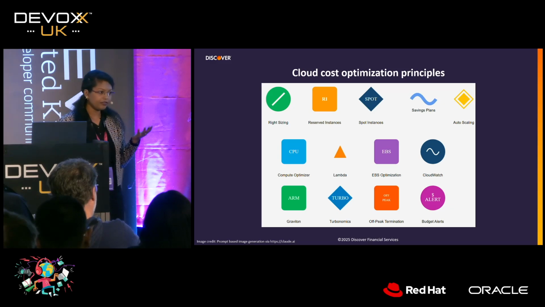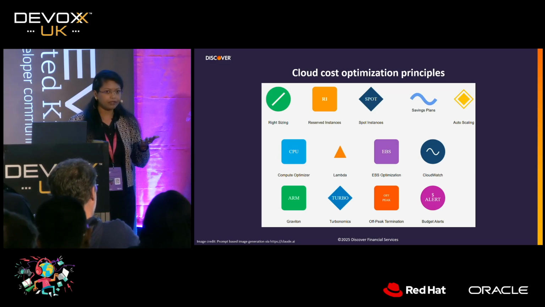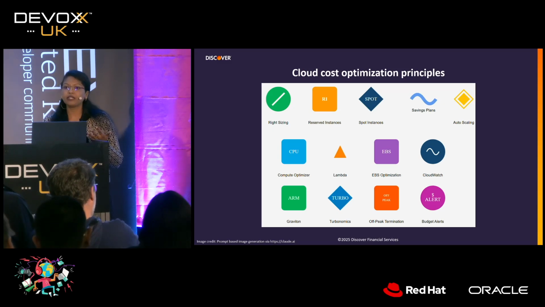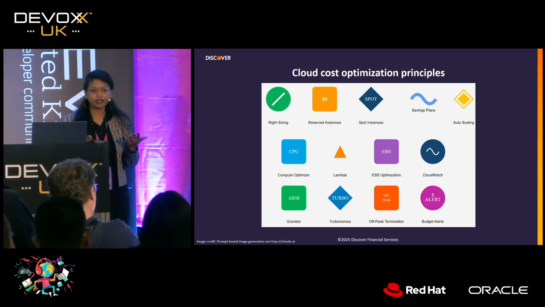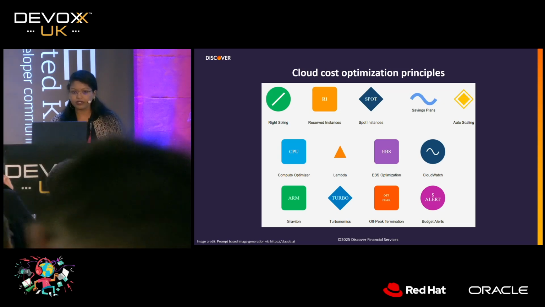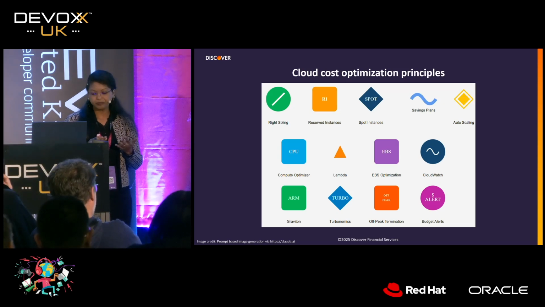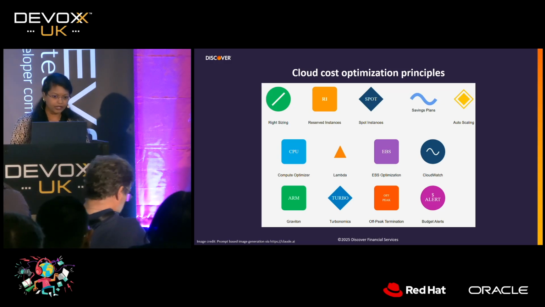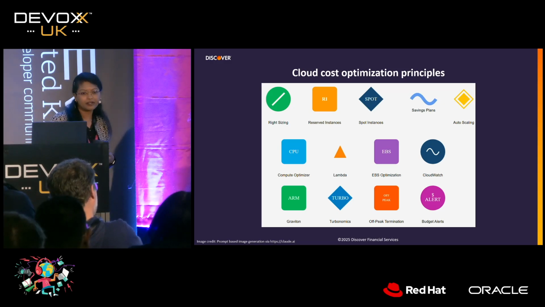We can also design for serverless. For example, if we are not receiving load 24/7, why do we have to spin up our EC2 instances all the time? We can go for serverless architecture and just pay for what we use. On the observability side, it's very important to observe our system.